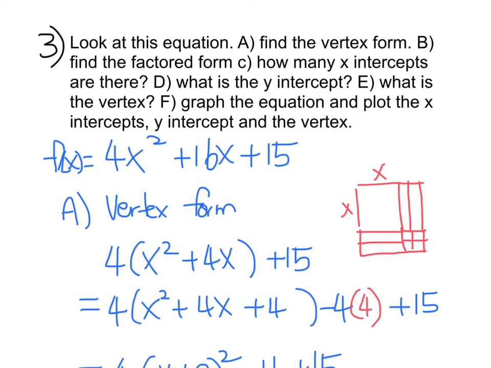So then you might be asking me, Ms. Choi, which equation am I supposed to plug in? I have an answer in A, I have an answer in B, and I also have this equation right here. Well, no matter what you decide to plug in, they should look exactly the same, because all three equations are in different forms, but it's still the exact same graph. The reason we're learning all this is because if we convert it to vertex form, it's easy for us to find the vertex.